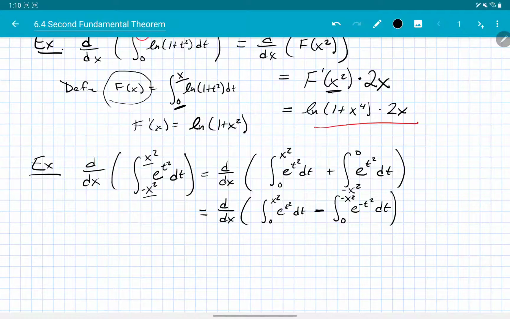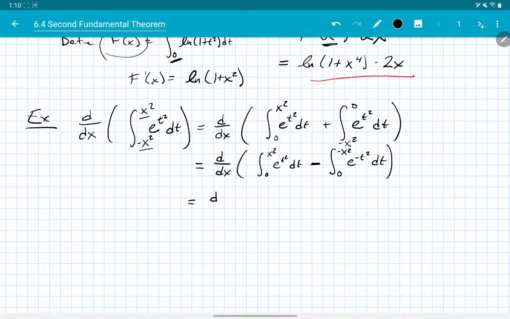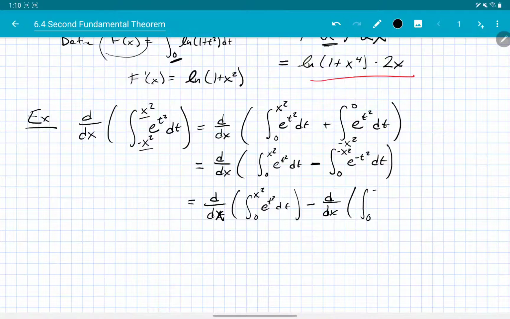So now I'm looking at these two things separately: the derivative of the integral from 0 to x squared of e to the t squared dt, minus the derivative of the integral from 0 to negative x squared of e to the t squared dt.